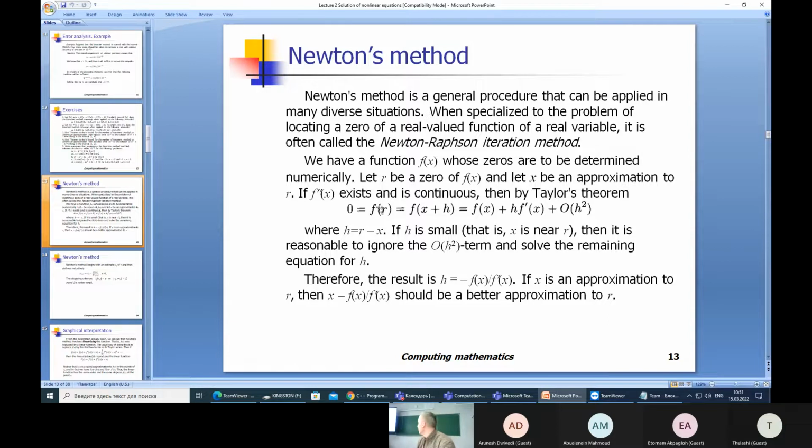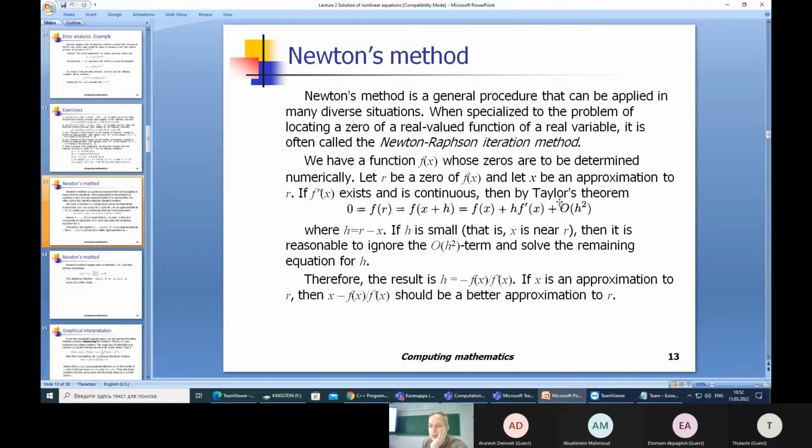And suppose that we know the exact value of h. In this case, I can say that x plus h will be the real root. And it will be true if we take all the terms in Taylor's formula.